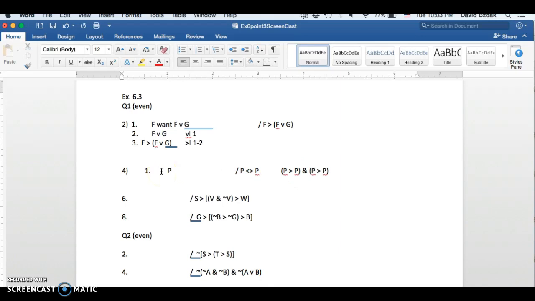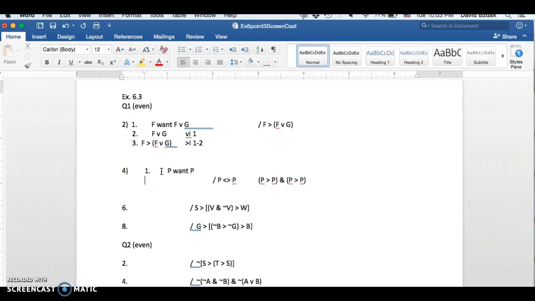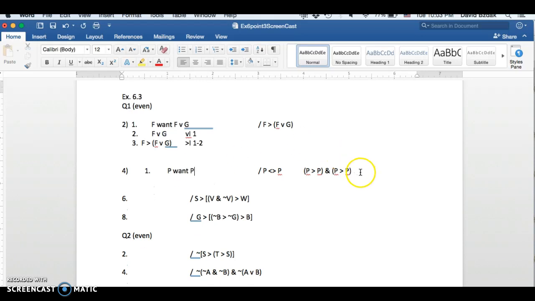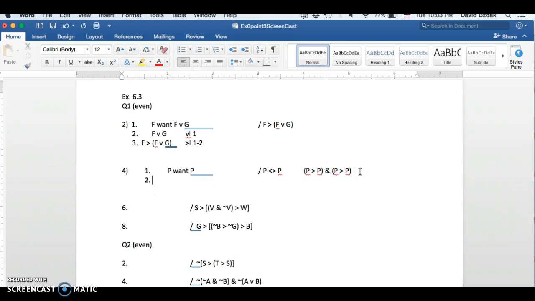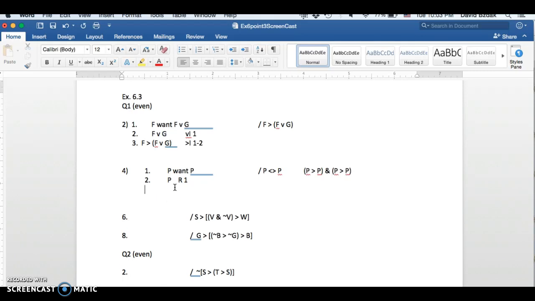So we start with an assumption P, want P. Oops. So now we need to get P down here. How do we do that? Simple, we can just reiterate line 1. That gives us if P, then P by conditional introduction 1 through 2.